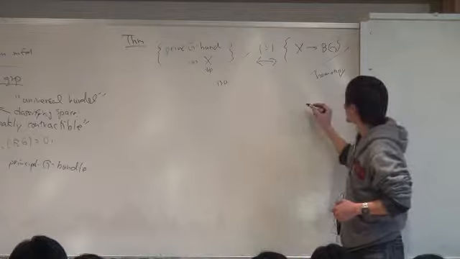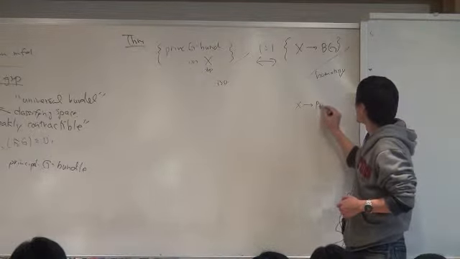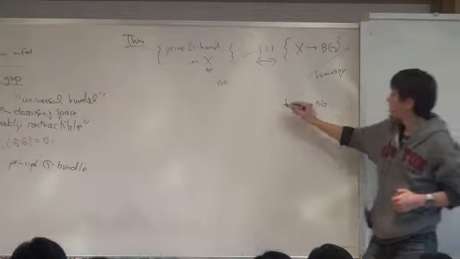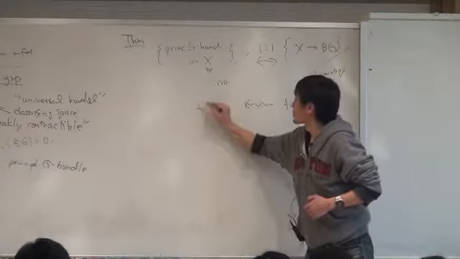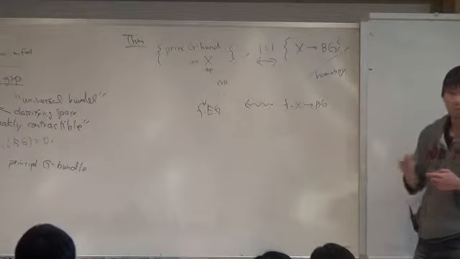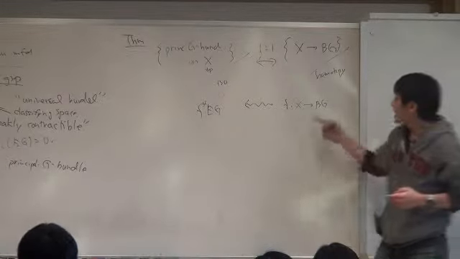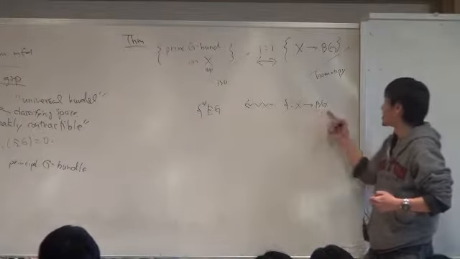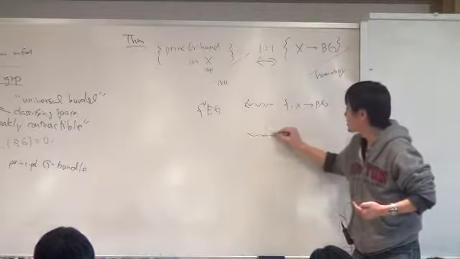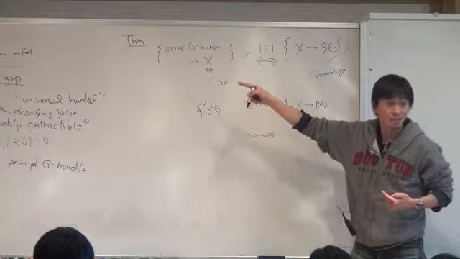Yeah? And the way you do it is, say you have a map from X to BG; it gives you a pullback of the universal bundle. Okay? And this part is really easy because the pullback of a principal G bundle is a principal G bundle. But the other direction is really the content of the theorem.